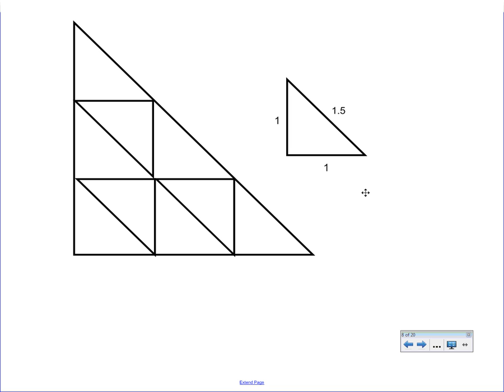Now, the question is do they have a scale factor? Well, let's talk about what that would even mean. How many times bigger does the larger triangle look? You might say 9, you might say 3. I'm going to just run this along the bottom side here. 1, 2, 3.